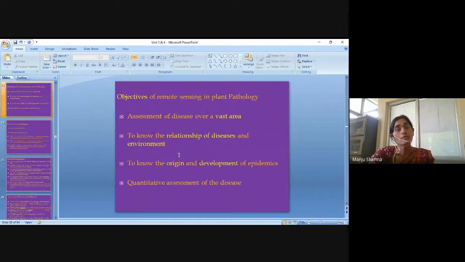So, objectives of remote sensing in plant pathology. Here, the assessment of disease over a vast area to know the relationship of diseases and environment, to know the origin and development of epidemics, and the quantitative assessment of the diseases.